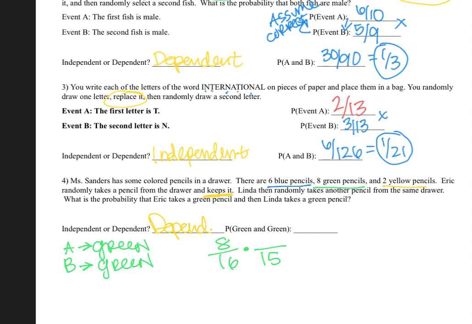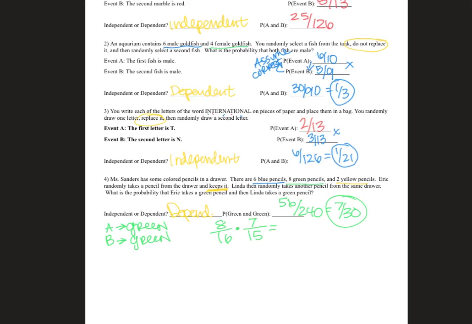So there are 7 in there. Okay, and I'm going to multiply those. So I have 56 over 240, and that simplifies to 7 over 30. So going back to the first, if you are independent or dependent, you are multiplying. Independent and dependent are and statements.